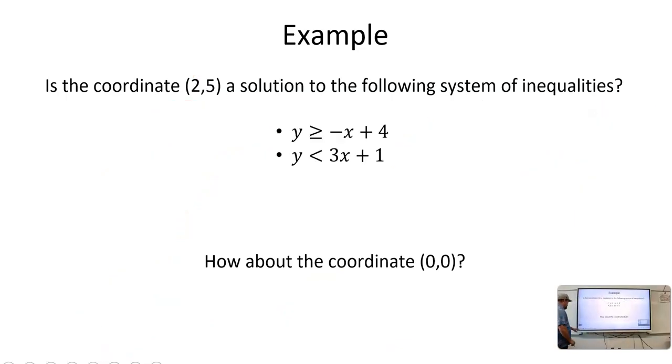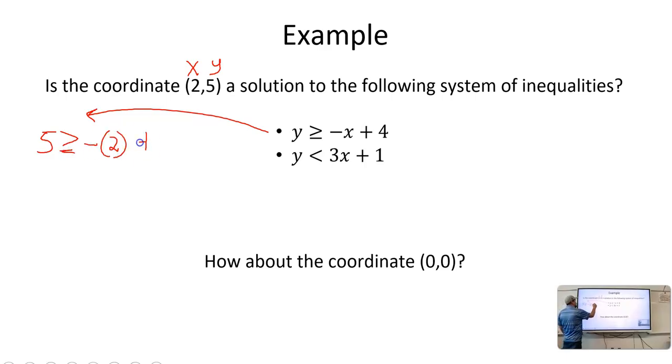Okay, let's try this one. Okay, let's begin with this one where 2 is my x and 5 is my y. So is 5 greater than or equal to negative 2 plus 4? So negative 2 plus 4 is 2. So 5 is greater than or equal to 2.